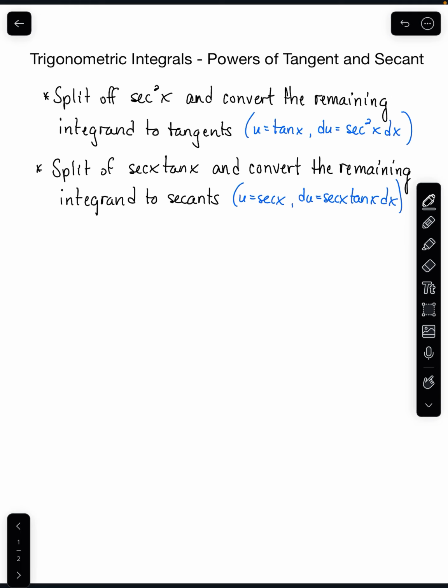Now, in dealing with this, let's not forget that by splitting off factors, whether it's two factors of secant of x or one of secant and one of tangent of x, we will then be reducing the powers that appear in the original integrand. And once again, in order to convert them, we're going to need some identities.